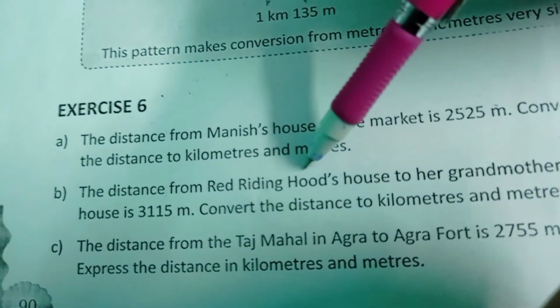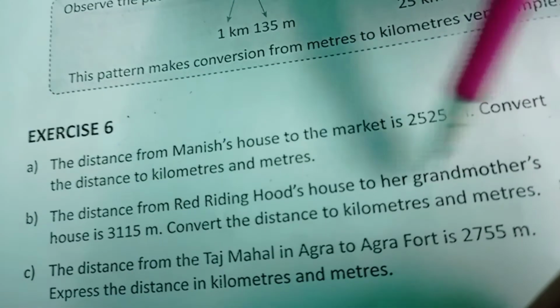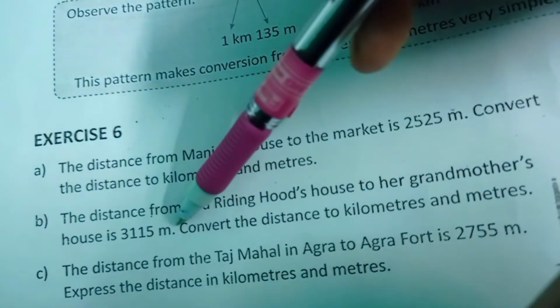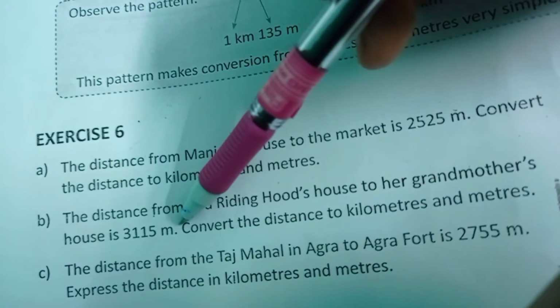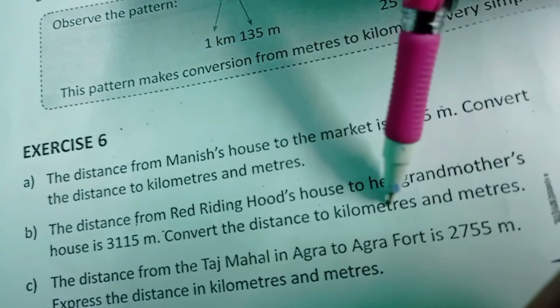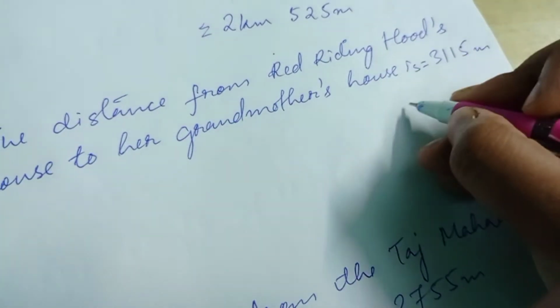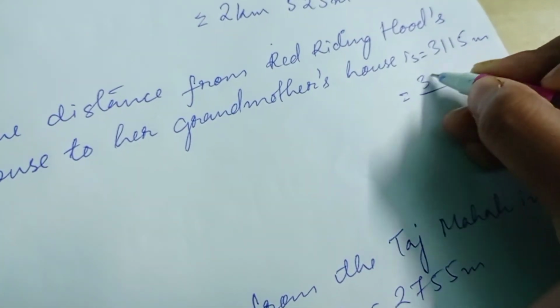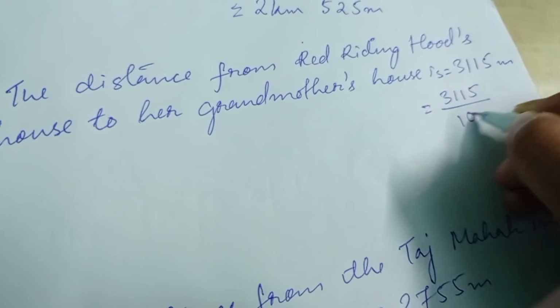So next question, they have given that the distance from Red Riding Hood's house to her grandmother's house is 3115 meter, and you need to convert the distance to kilometers and meters. Same thing you do, divide by 1000.